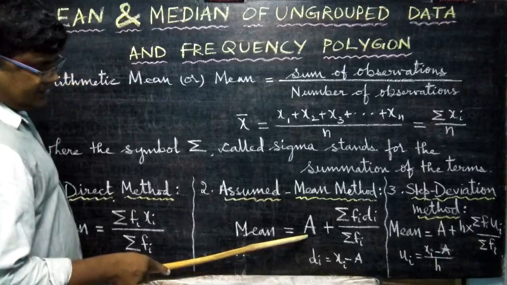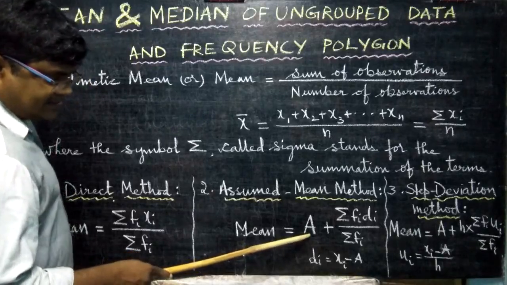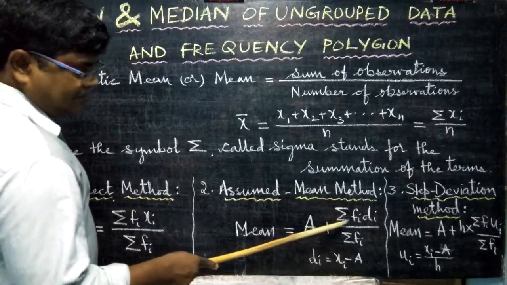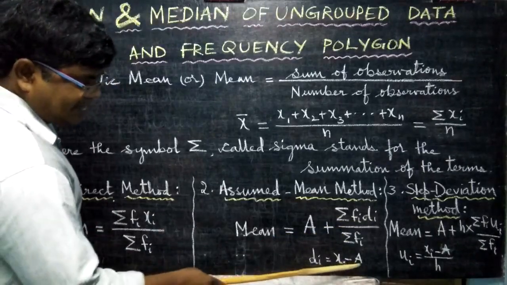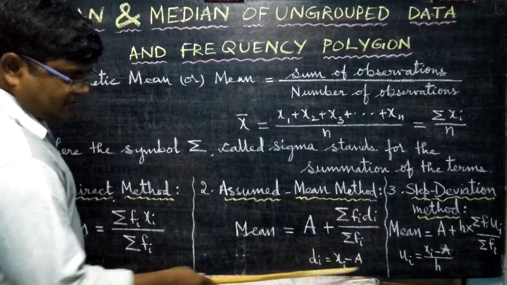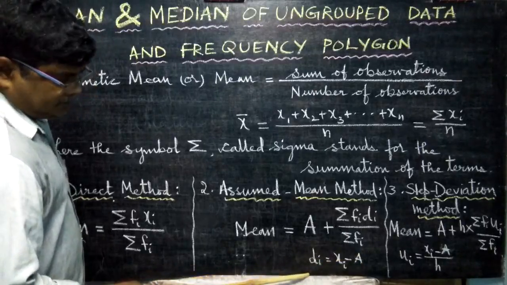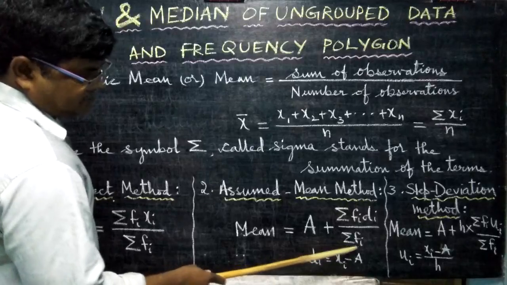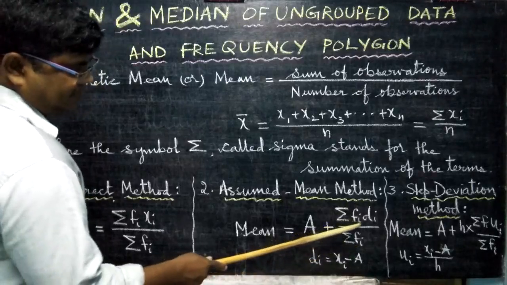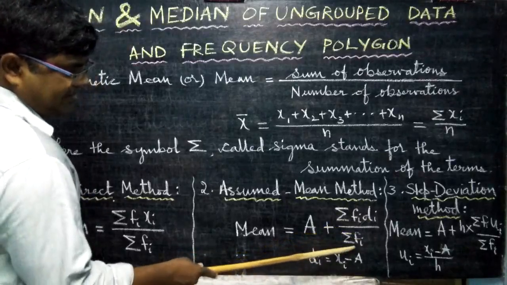Learn formulas first. Assumed mean: A plus sigma fi dA, where dA is xi minus A, and divided by sigma f, the total frequency. So A plus sigma fi dA by sigma f.